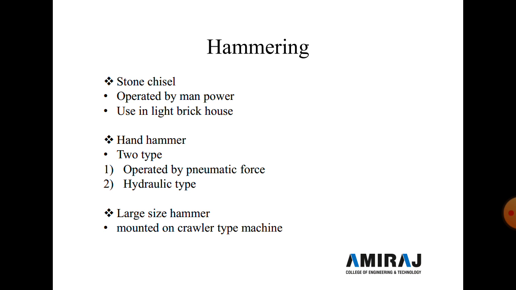Two types of hand hammer are generally used: one is operated by pneumatic force, and the second is a hydraulic type. And third one is a large size hammer, mounted on a crawler type machine. If the structure to demolish is large, a large size hammer is used for the demolition of the structure.